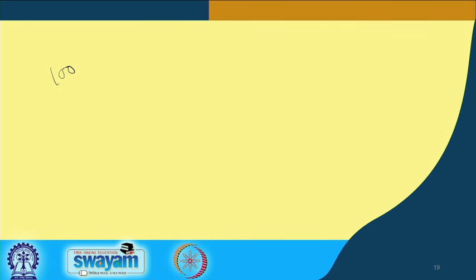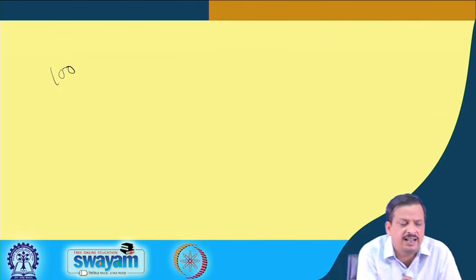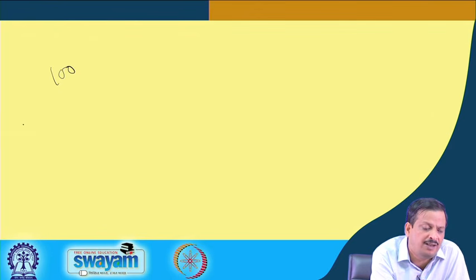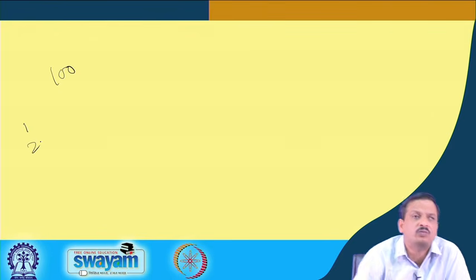Then how do you calculate this easiness and difficulty index? Think about a simple analogy. Suppose I have 100 students in my class, and I design a question paper which consists of, let us say, two questions, 1 and 2.